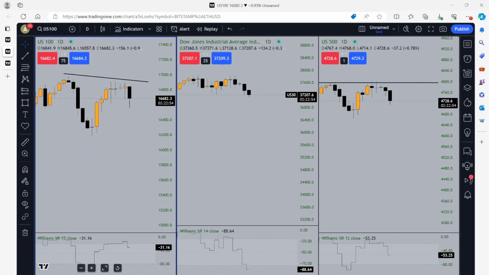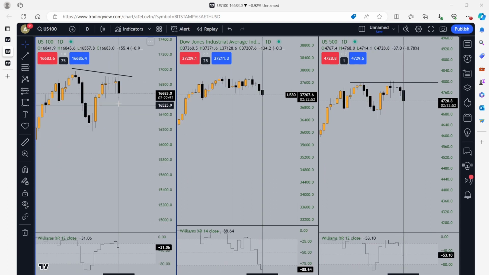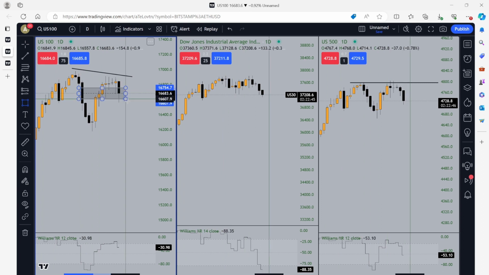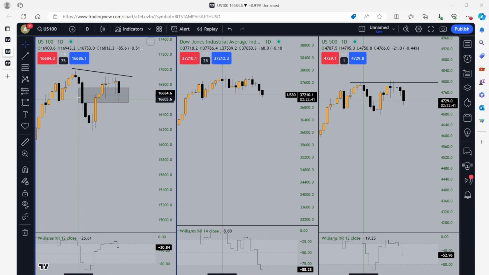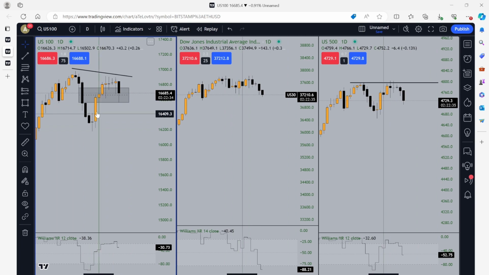I want us to note this balance price range in here. Okay. So here, right, if we close back below this balance price range, we're going to target this swing low. First this fair value gap and then this swing low.